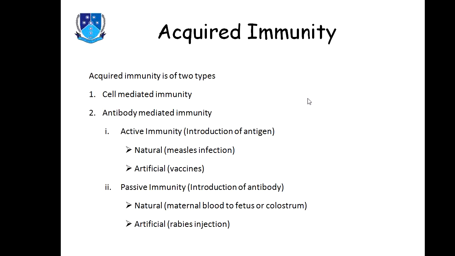The second one is acquired immunity. Acquired immunity has two major types: number one, the cell mediated immunity, and number two, the antibody mediated immunity. The cell mediated immunity is provided by the T cells.